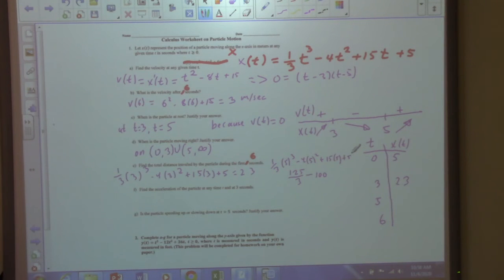And then 15 times 5, what is that going to be? 75, plus 75 plus 5. So negative 100 plus 75, that's going to be minus 20, right? So you got 125/3, and 20 is going to be 60/3, right? So that's going to be 65/3.